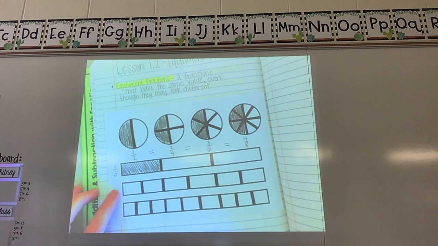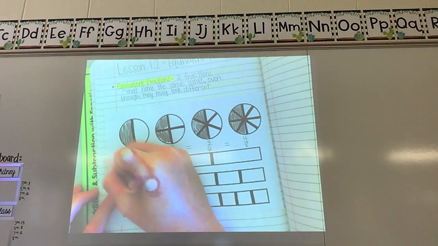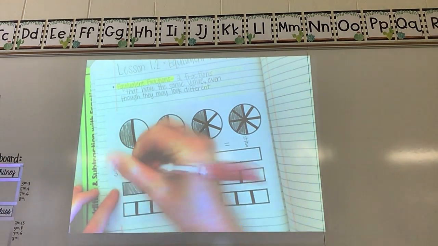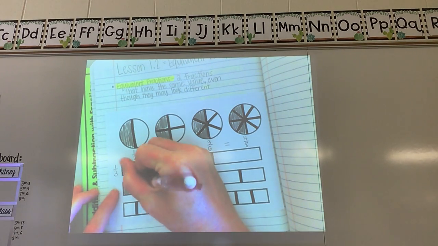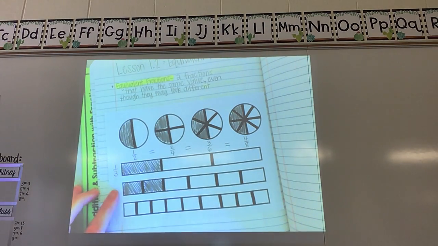How many pieces would I need to shade? 2. So we're going to shade in the first one and then the second one. And when I get that second one shaded in, you're going to notice that looks like the same amount. That is because these two are equivalent.